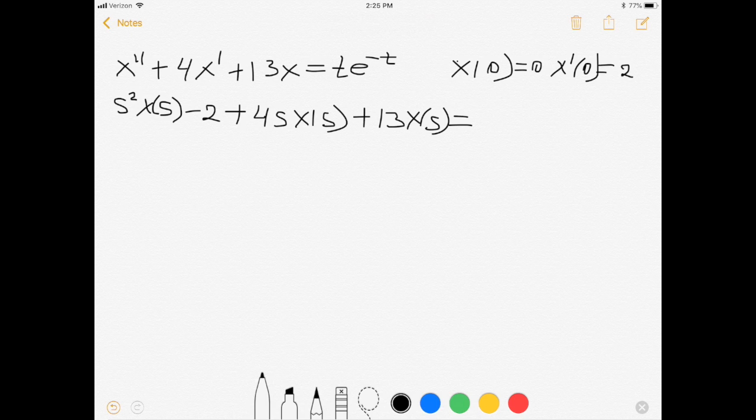We remember the Laplace transformation of t is 1 over s squared, but because we have multiplied by an exponential function, we have a shift. This means 1 over (s plus 1) squared.